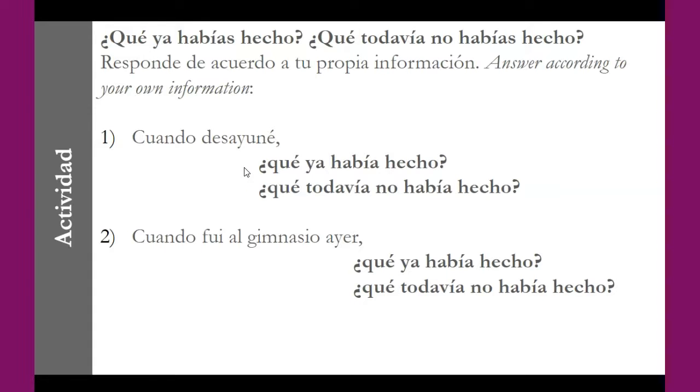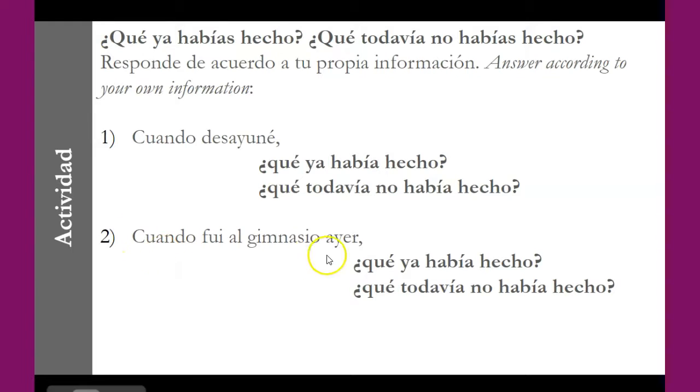Today or yesterday. Cuando desayuné. ¿Qué ya habías hecho? Sorry, so what had I already done? Cuando desayuné, ¿qué ya había hecho? Cuando desayuné, ¿qué todavía no había hecho? What had I not yet done when I had breakfast.